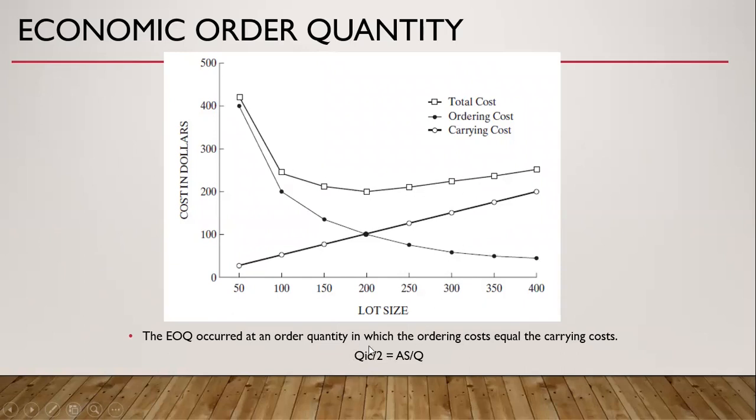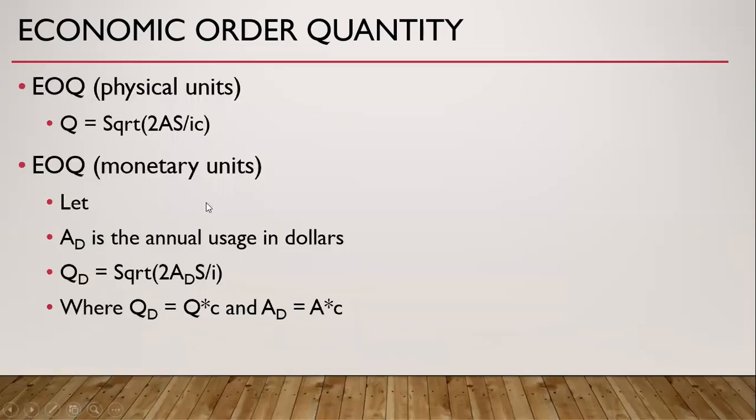So we equate both the ordering cost and carrying cost. If we equate both, we can estimate the economic order quantity in physical units as this, and economic order quantity in monetary units as this.